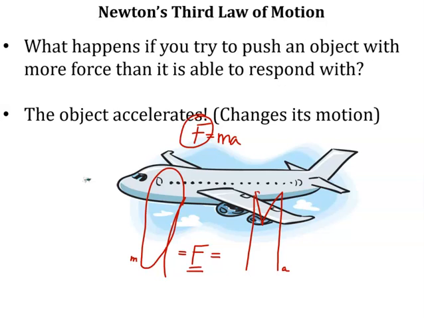So if you think about what this means, the change in the airplane's motion is going to be so small it doesn't even notice it. But the change in the fly's motion is going to be so big that the fly is smashed, dead, decimated. So the airplane and the fly experience the same force, but that force affects them differently. The same force is enough to smash the fly, but not even faze the airplane.